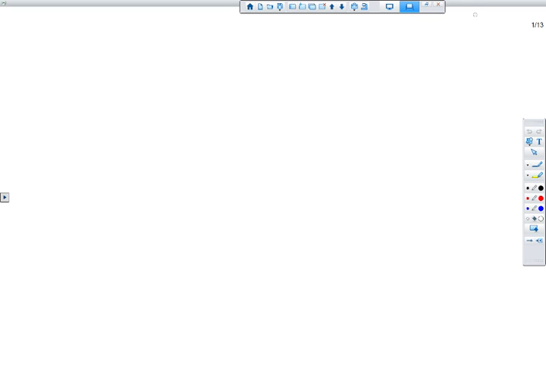So let's recall what we did so far. We talked about 4 different models in the previous discussion. So what are the 4 models? The first one was dy over dt equal ky.